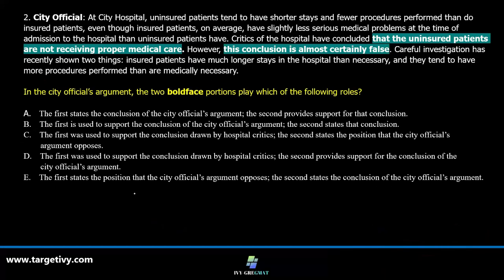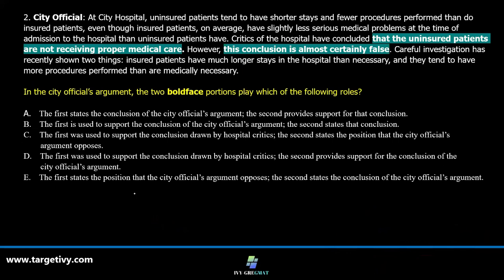Okay, question number 2. The city official is saying something. At the city hospital, uninsured patients tend to have a shorter stay and fewer procedures performed than do insured patients, even though insured patients on average have slightly less serious medical problems at the time of admission to the hospital than uninsured patients have.